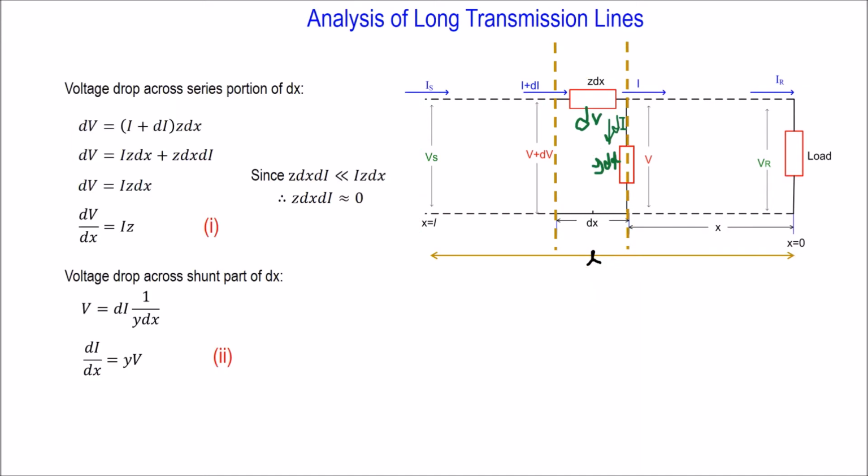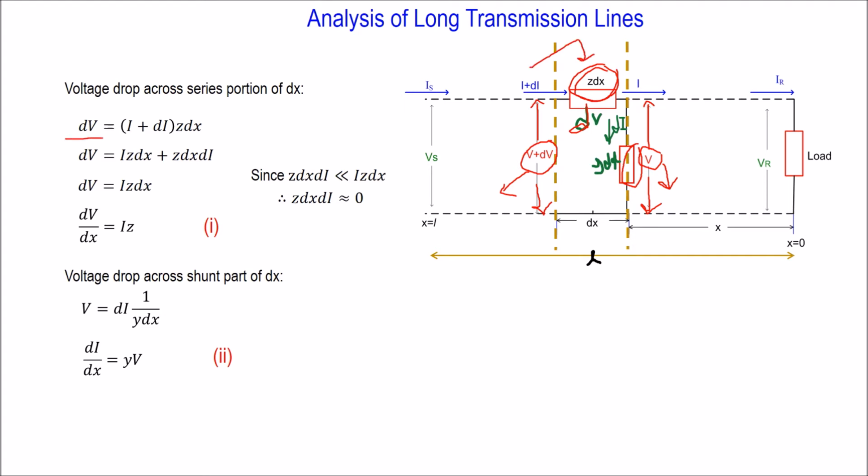Now what will be the voltage across this series portion of dx and shunt portion of dx? So we already assume at one end of this dx portion the voltage is V plus dV, right? And at another end the voltage is V. So if V plus dV is the voltage at this end and V is the voltage at this end, then we get dV voltage across this series portion, right? So we write dV equal to, what is the current entering this series portion?